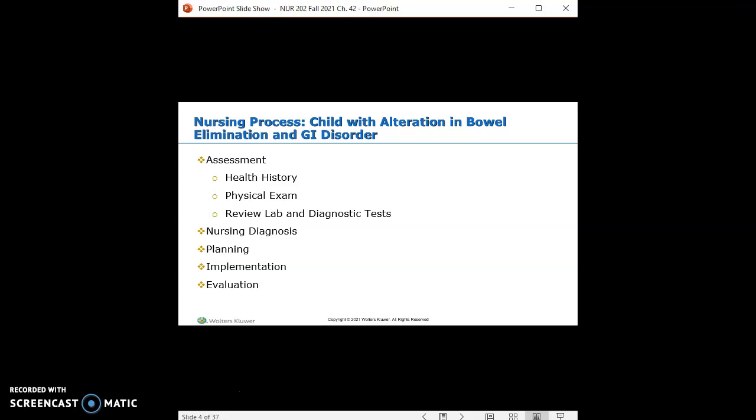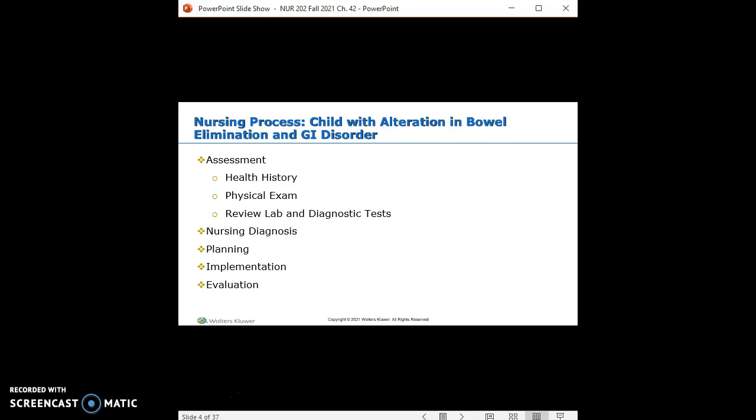Another part of your assessment is to collect ordered labs or assist the child in obtaining diagnostic testing. And then you would want to look at results and see what those results are telling you.